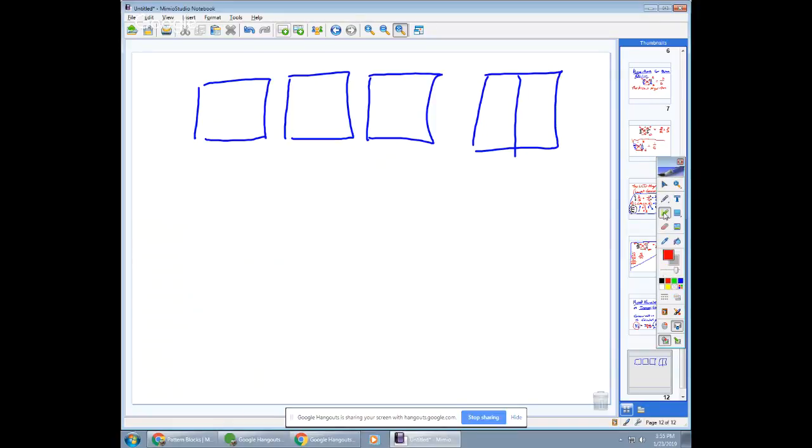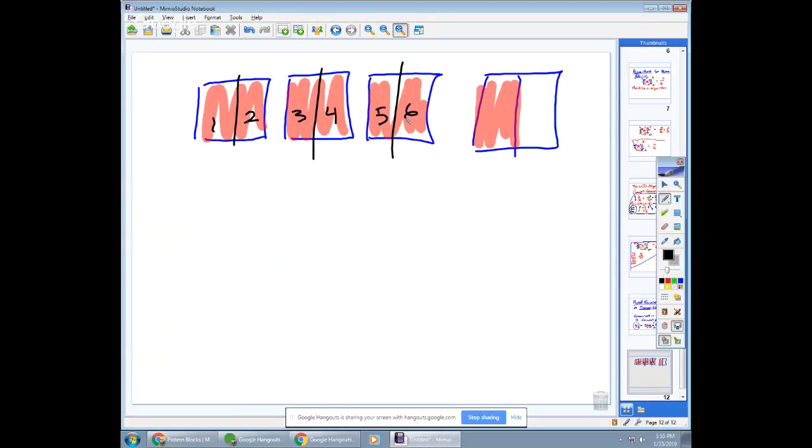So here's my 1, 2, 3 and a half. Now if I go back and cut them all in half, then I have 1, 2, 3, 4, 5, 6, 7 halves. So that's 3 1/2 versus 7 halves, picture-wise.